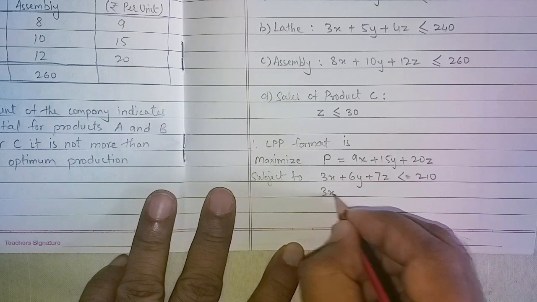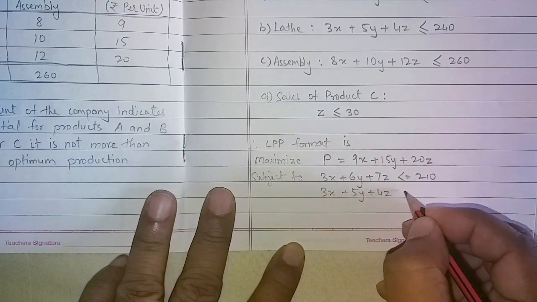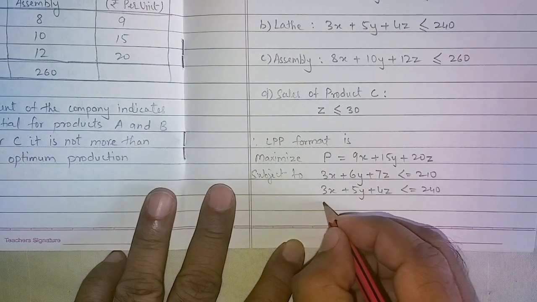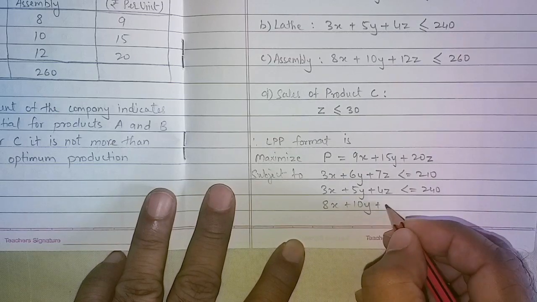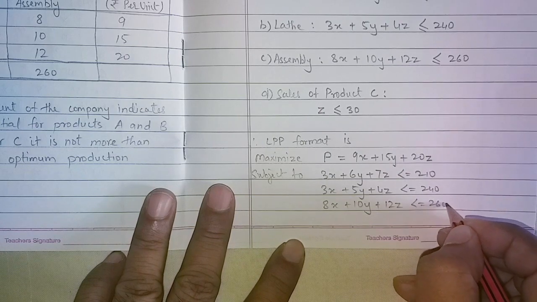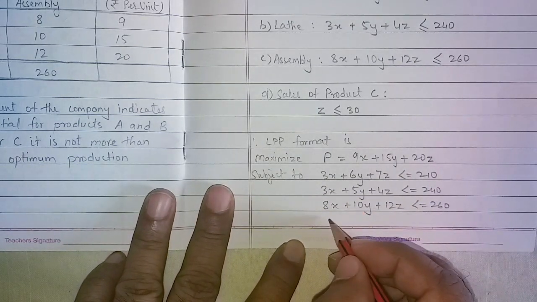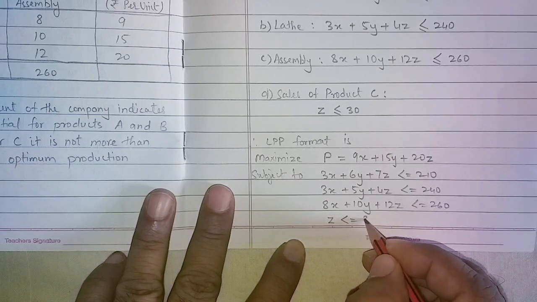Then 3x plus 5y plus 4z less than or equal to 240. 8x plus 10y plus 12z less than or equal to 260, and the sales constraint for product C, that is z, less than or equal to 30.